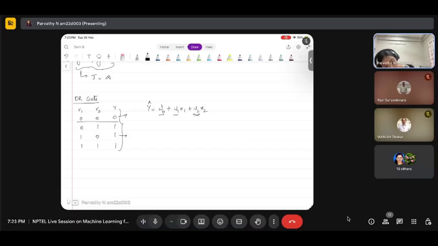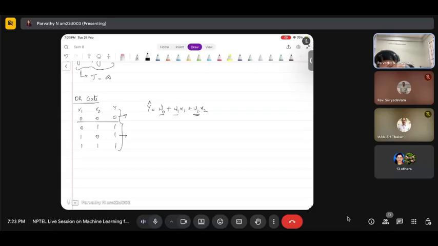So based on this, you see that different values of W are selected. It's not like there is one unique W0, W1, W2. You can find a large number of solutions for this W0, W1, and W2. So one such valid set of weights I can show.